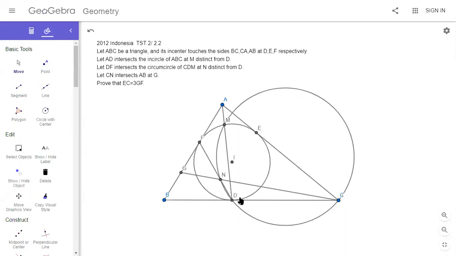So EC is EB. So we want to show EC is DC. So yeah, it feels like projective geo or Menelaus. So we have CD over BC times BG over GF times FN over ND is 1.